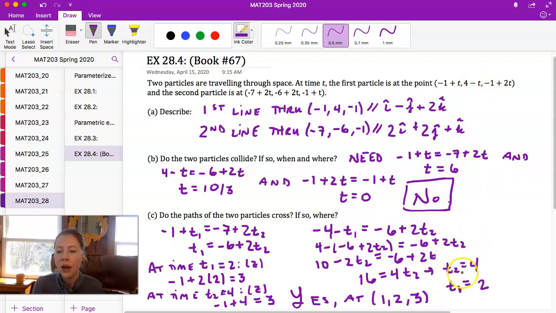And if we did t2 equals 4, we have -7 plus 8 is 1, and -6 plus 2 times 4 is 2, and then we have 3 for z. So the paths do cross because they have a matching coordinate, and they cross at different times.